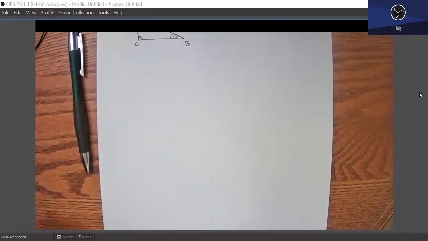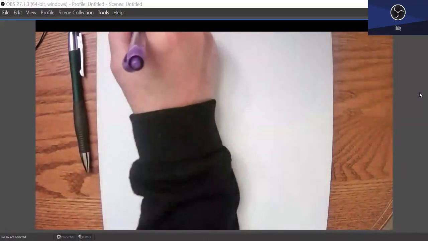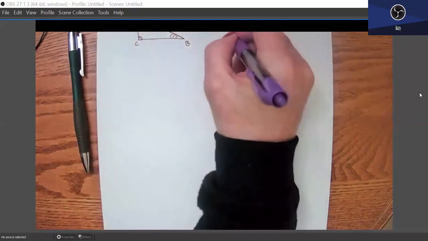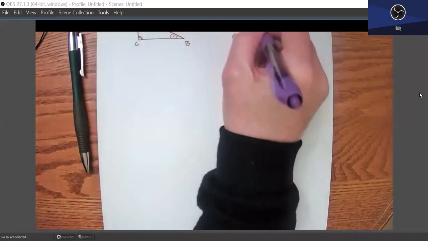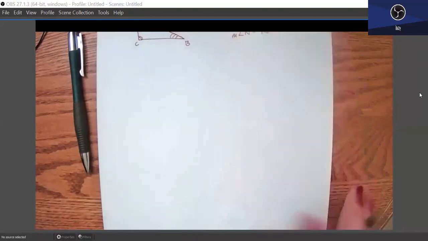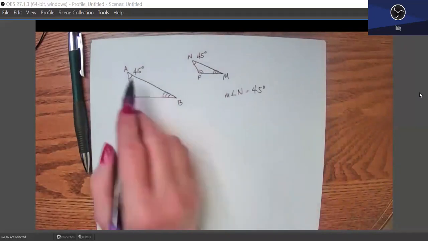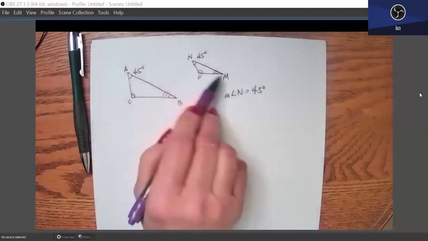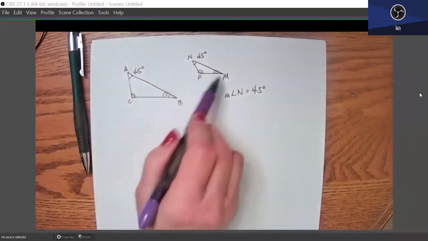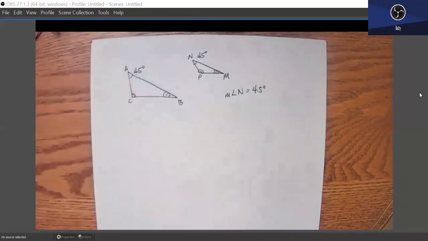And here we want to find all the unknown angle measures. Well, we're told that angle A is 45 degrees. Well, that must mean the measure of angle N is also 45 degrees. We have A, B, C, N, M, P. Single loop, double loop, triple loop. Sorry, the diagram was off the screen there.